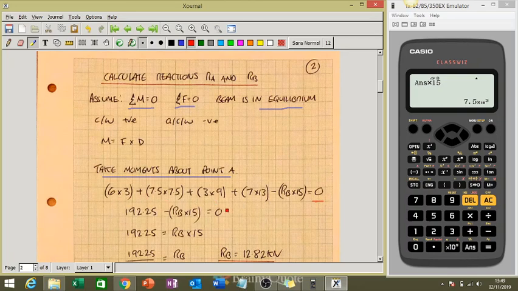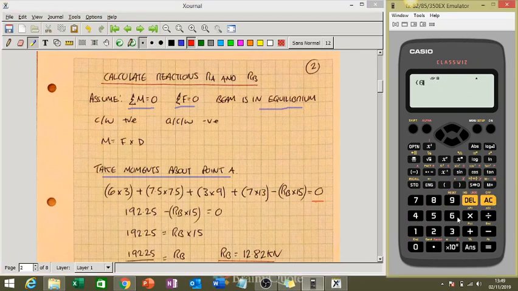So work that out in a bracket: 6 times 3, plus 7.5 times 7.5, plus 3 times 9, plus 7 times 13, all equals 192.25 minus RB times 15.